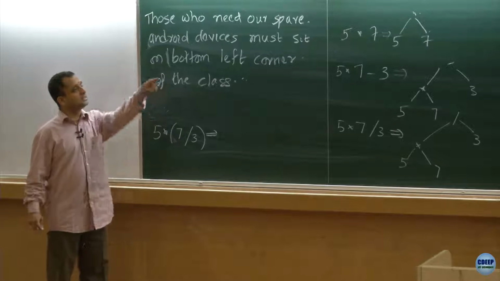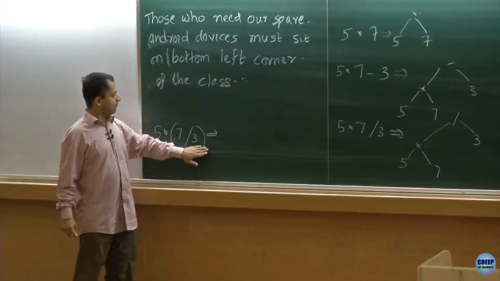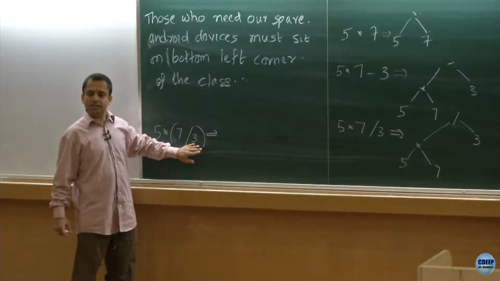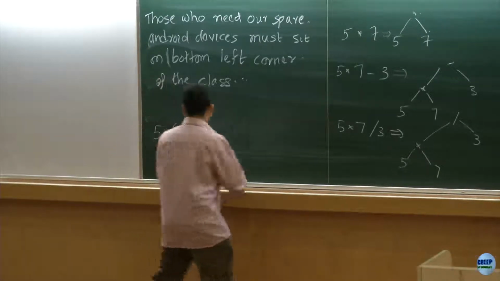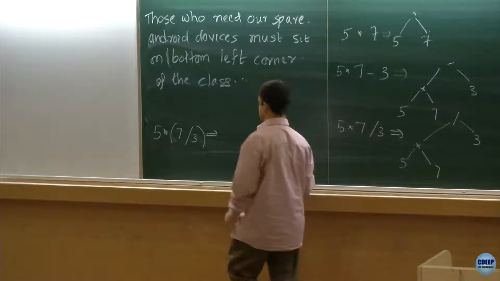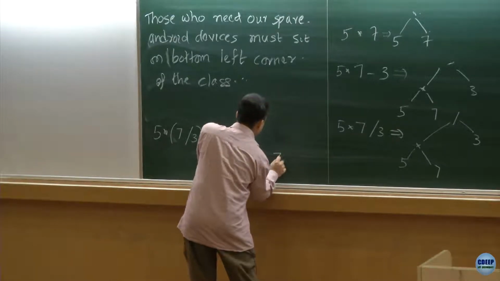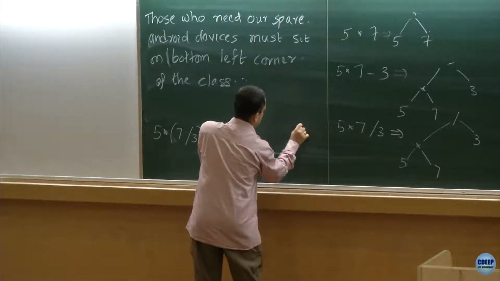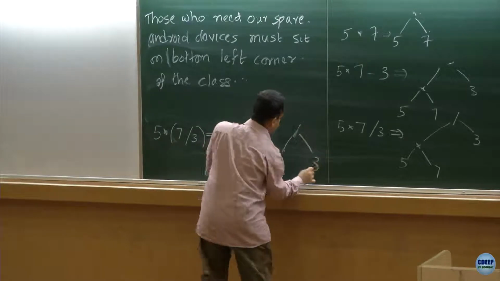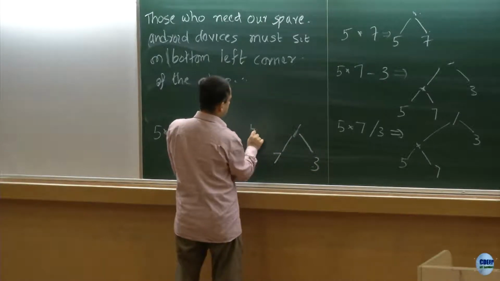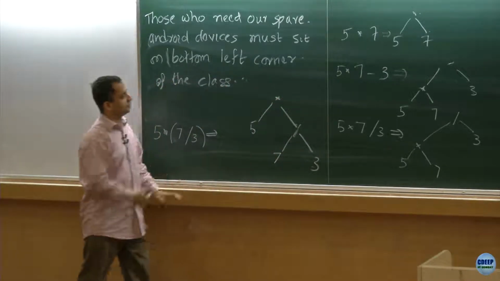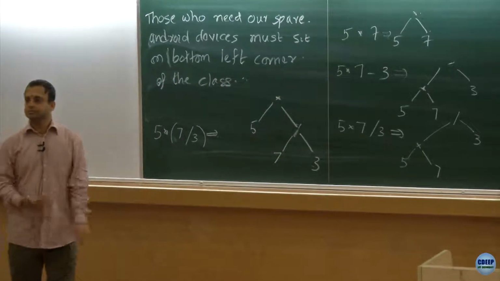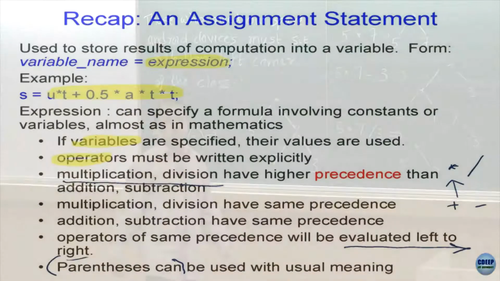Now parenthesis take the highest precedence. Anything within the parenthesis has to be evaluated separately as a kind of independent expression. So you'll have 7 divided by 3, the whole thing multiplied by 5. Is this clear?